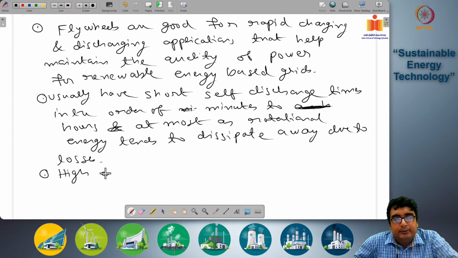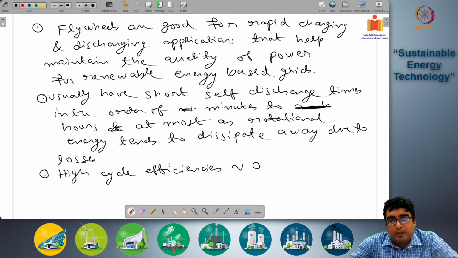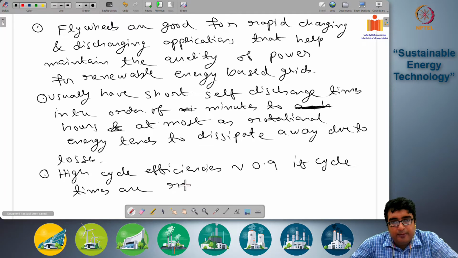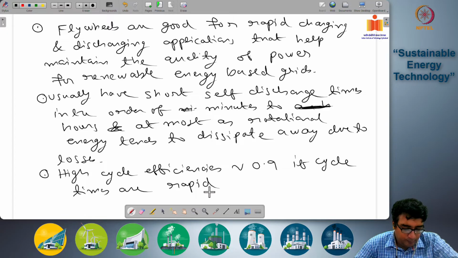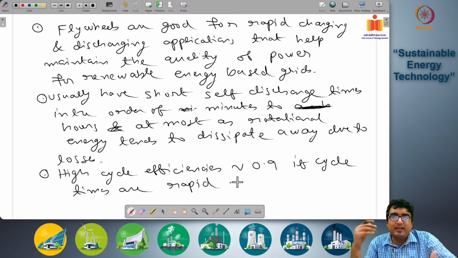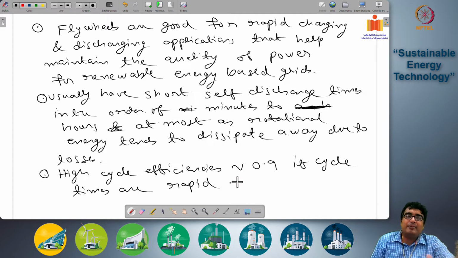High cycle efficiencies of the order of 0.9 if cycle times are rapid. So within this short self-discharge time period, so within time scale of minutes and an hour, a flywheel will actually deliver very high cycle efficiencies of the order of 0.9.